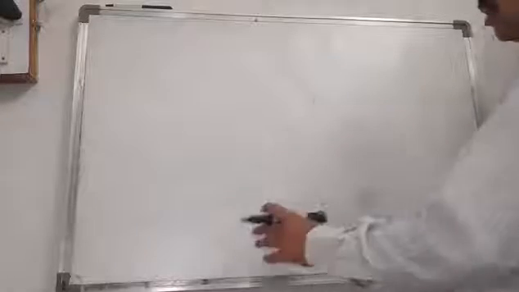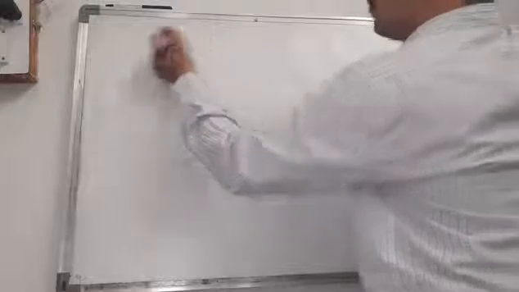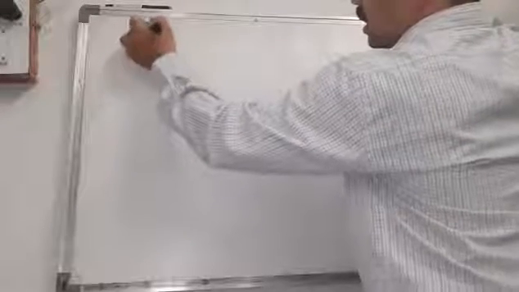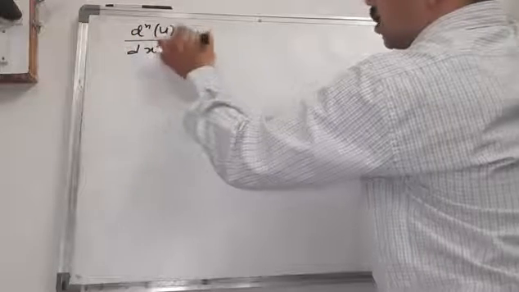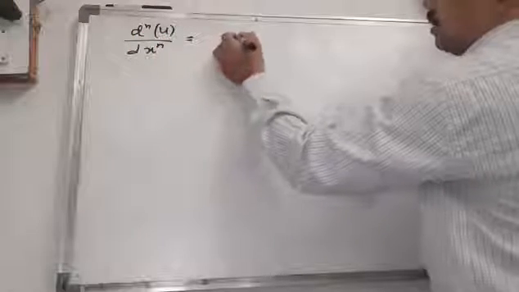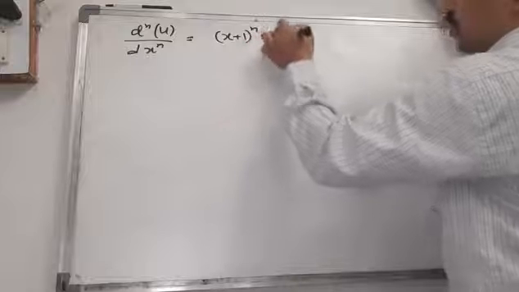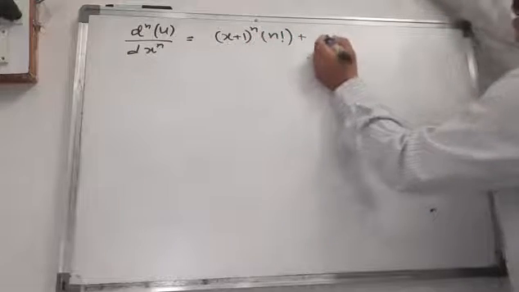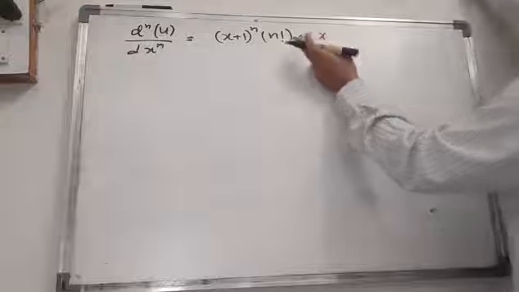So here what we got, the final equation that I am writing here. In the previous section what we got, d nth derivative of u by dx power n is got as x plus 1 whole power n into n factorial plus x, first derivation we have done, no?